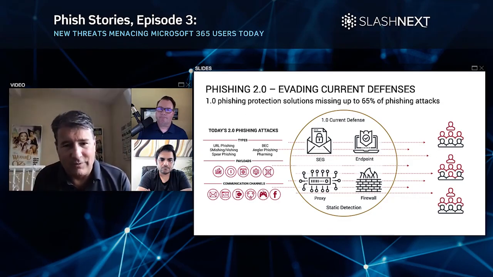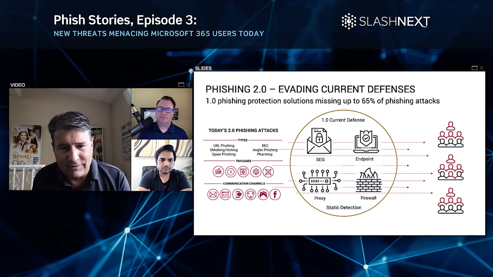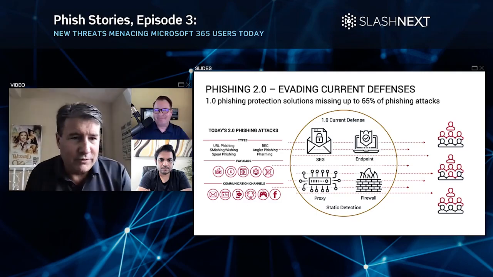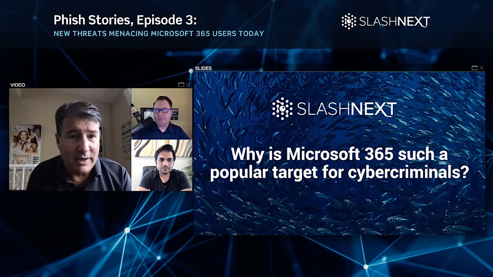Every one of those defenses was tuned to stop that first generation, very easy to detect, almost static type of attack, versus these very targeted, sophisticated attacks generated by machines. You're going to go where you have the most success, and if it's the most popular tool out there, obviously you're going to attack that particular tool.